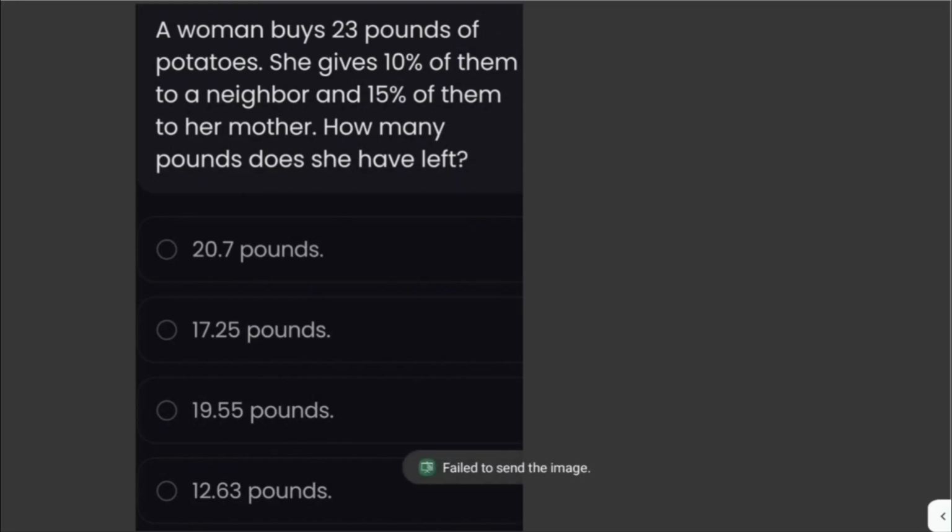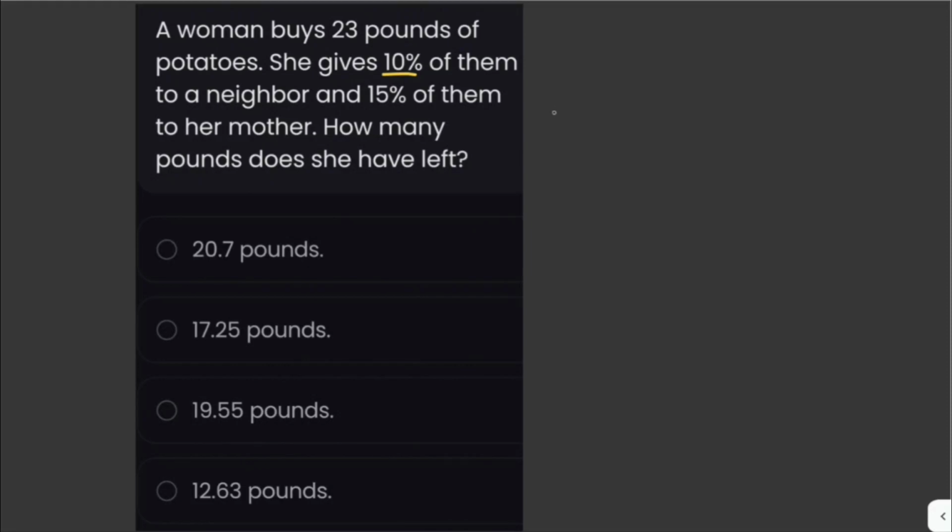Now, to solve for the amount of pounds of potatoes that have left, first we need to calculate 10% of the total amount of potatoes that the woman buys.